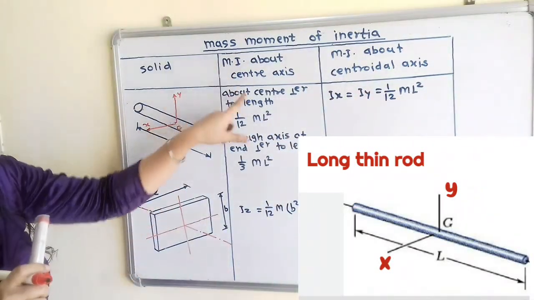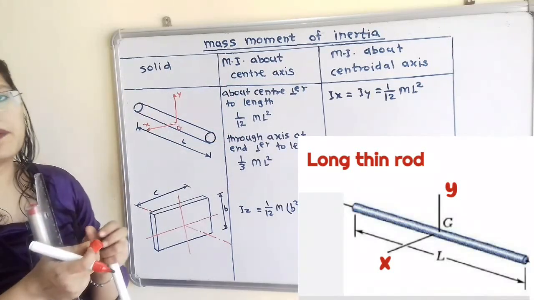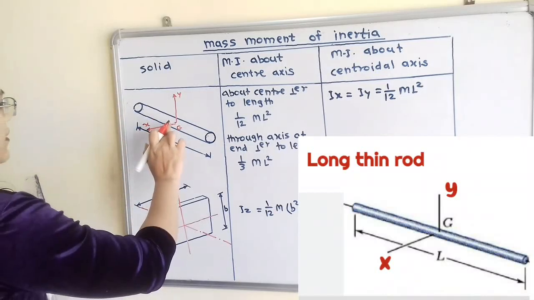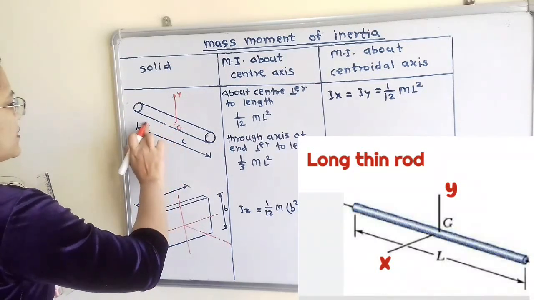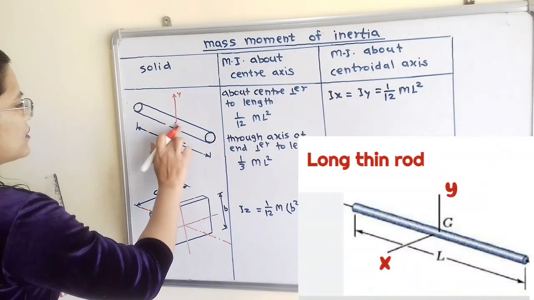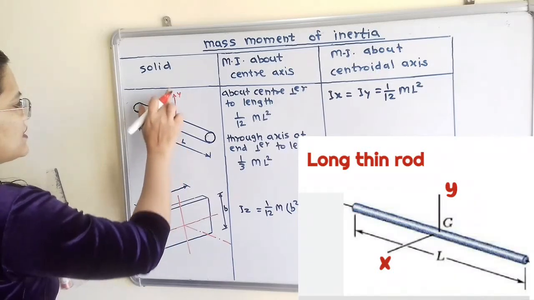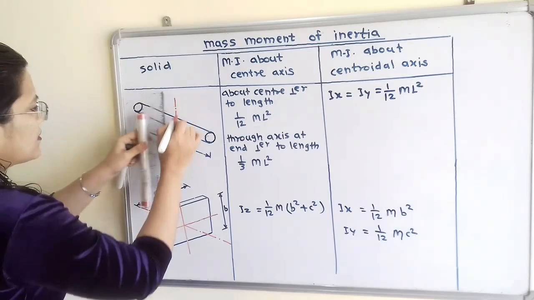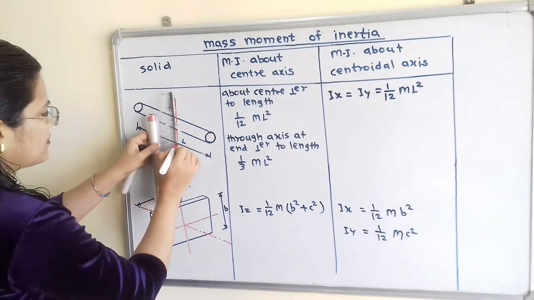Now let us observe the moment of inertia about the axis passing through the center. So we will show here this axis which is passing through the center of this rod.